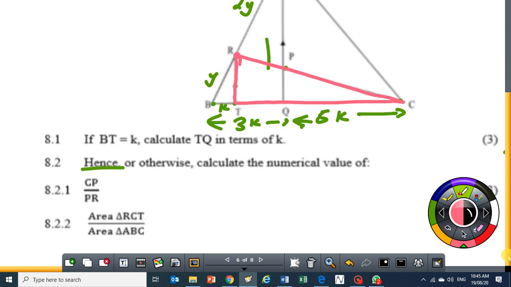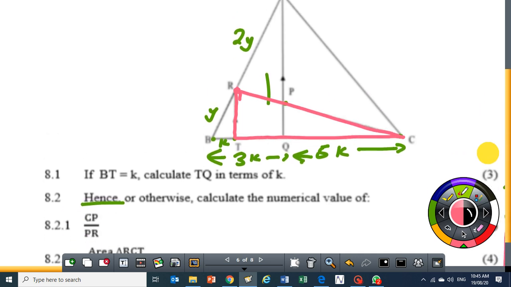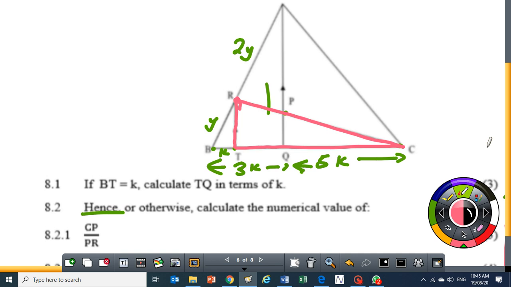Then triangle ABC is the bigger one. Okay, let me use a different color like that. So this is our triangle ABC. Okay? Okay, the pen is good.